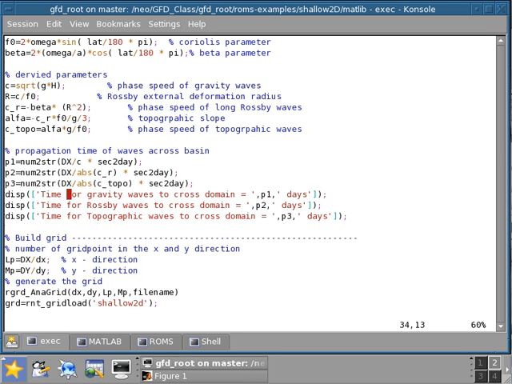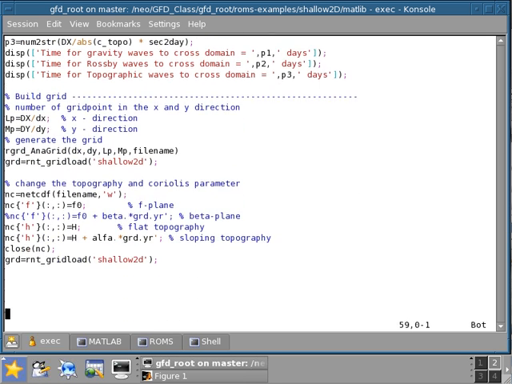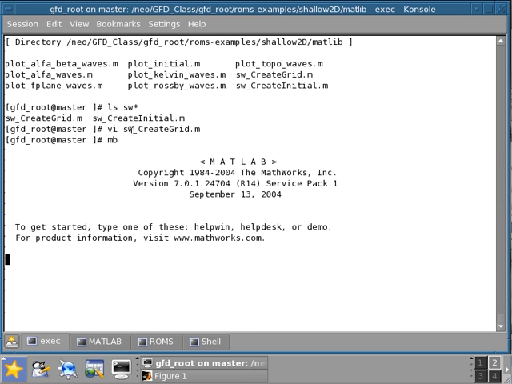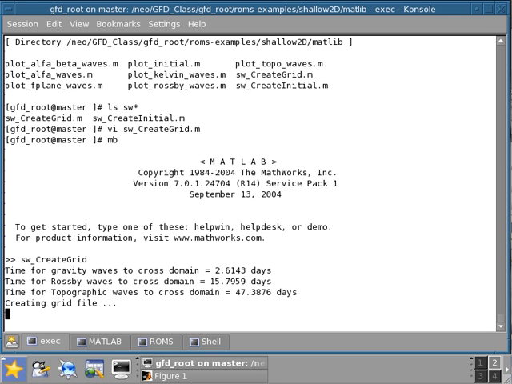It's a positive slope, so that means that you're going from, in the southern part of the domain. Actually, let's just plot it. So I'm going to save that, and I'm going to run MATLAB and create this.